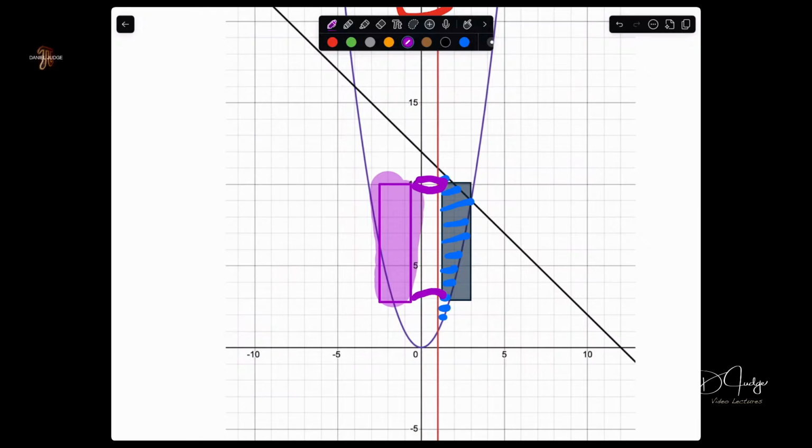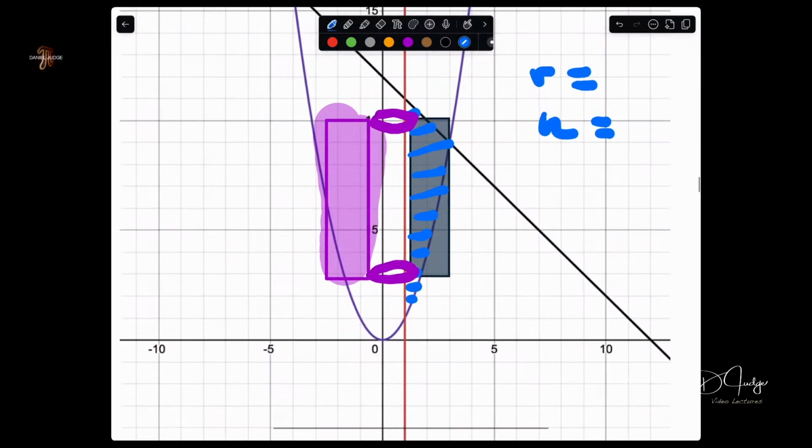And I'm going to draw what we call our cylindrical shell. So let's keep track of two things again that we always need. We need the radius. We need the height of the cylindrical shell.